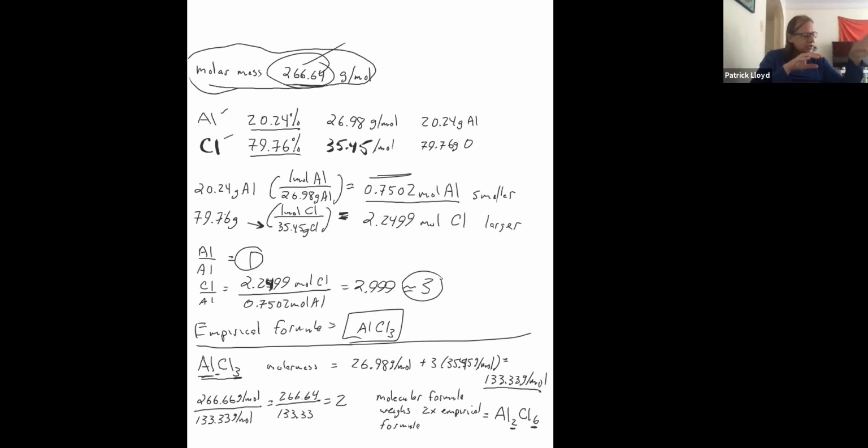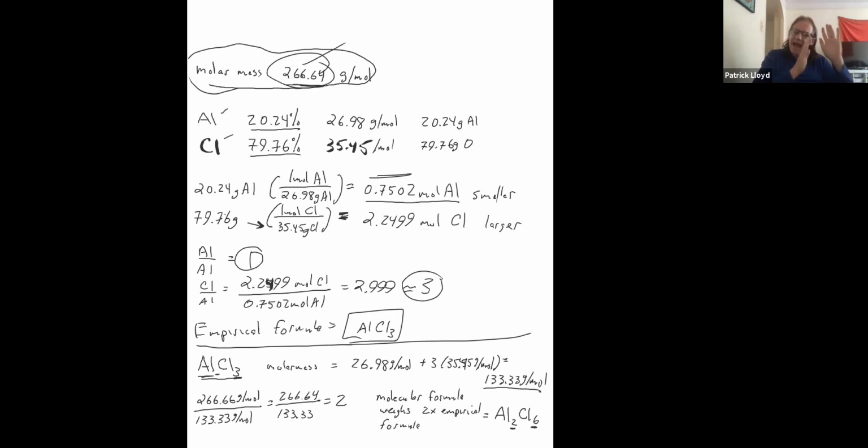So what we're saying here is, once you get the empirical formula, all that's telling you is that there's 1 aluminum for every 3 chlorines in this compound. But it doesn't necessarily tell you how many aluminums and how many chlorines there are. It's just telling you what the smallest ratio is.